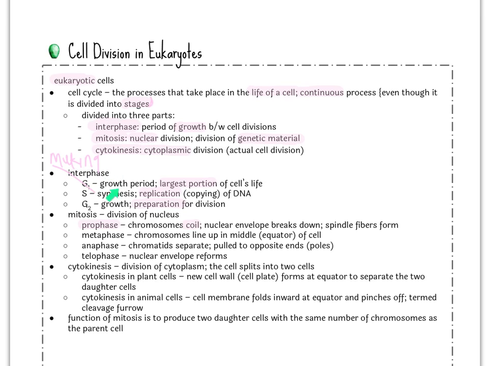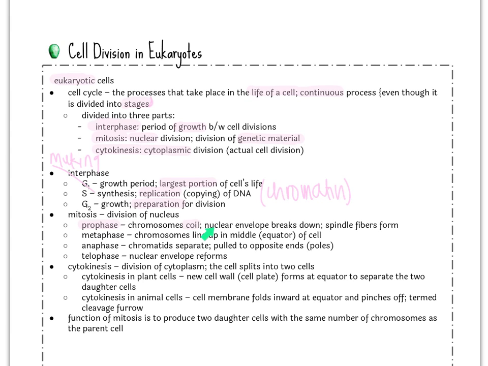So up here in interphase, this is where it'll exist as chromatin. It won't be chromosomes yet, because in mitosis is when they coil and condense into chromosomes. So up here it's just chromatin. And then in mitosis is when you start to see those nice, neat little chromosomes.